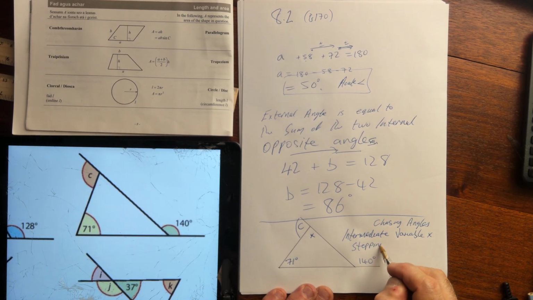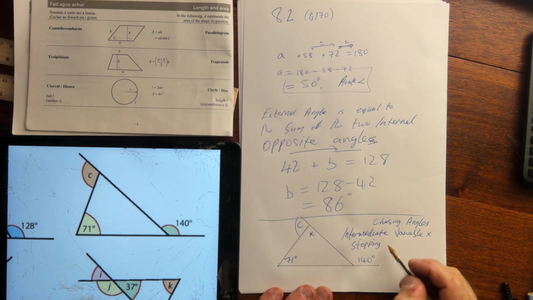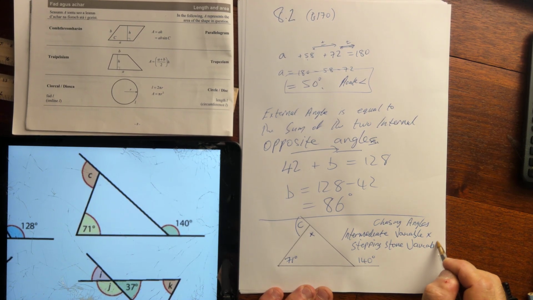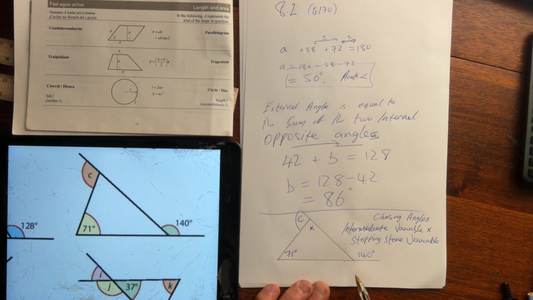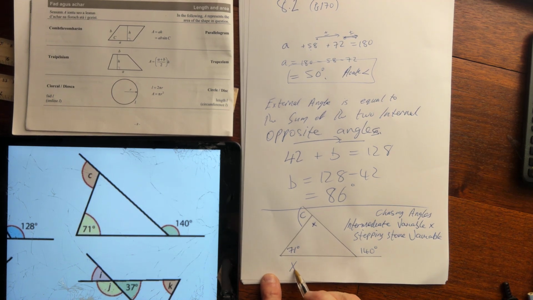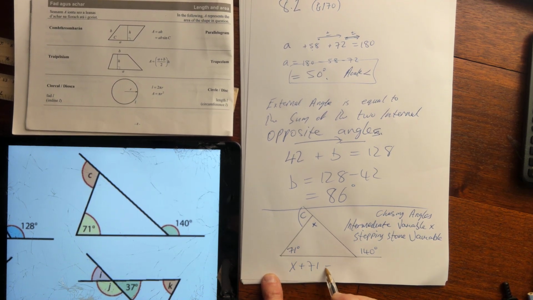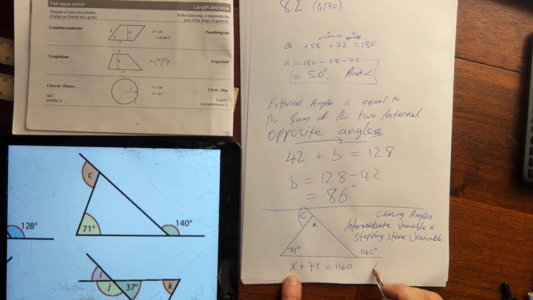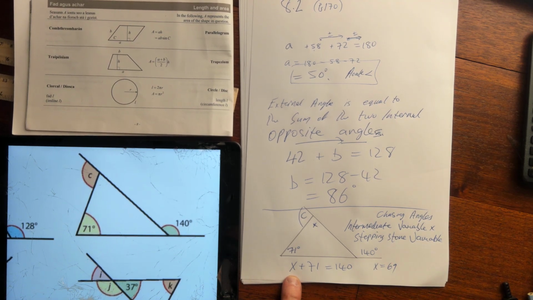It's not what we need, but if we use it as a stepping stone, we'll get to our answer. So it's a stepping stone variable. Okay, so let's do the maths. X plus 71 equals 140, by external angles. Transpose the 71. Now it's nearly half, so X equals 69.